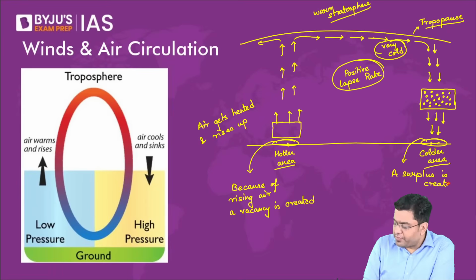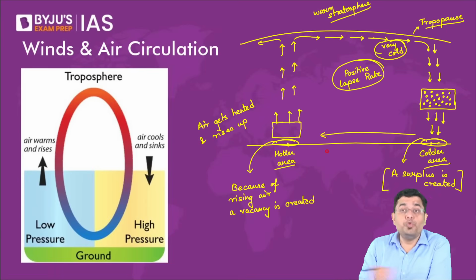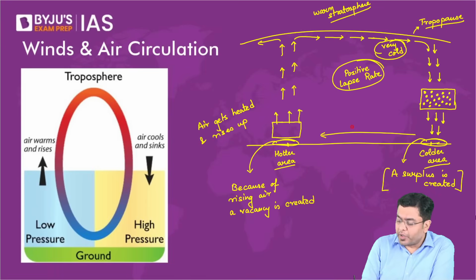So always, if in one region you have a surplus of gaseous molecules and in another region a deficiency, there will be a general movement from the surplus to the region of vacancy. And that is what we experience as the movement of air. And that is what is referred to as wind.